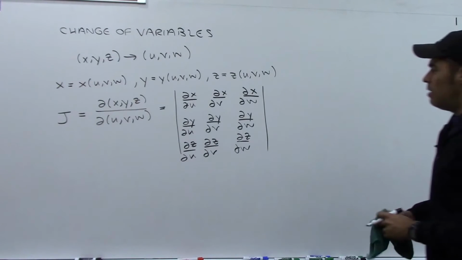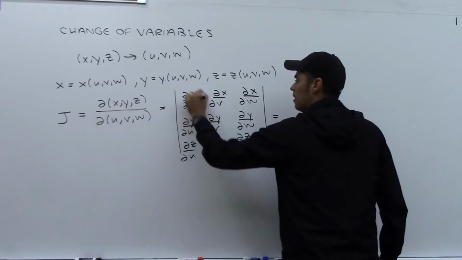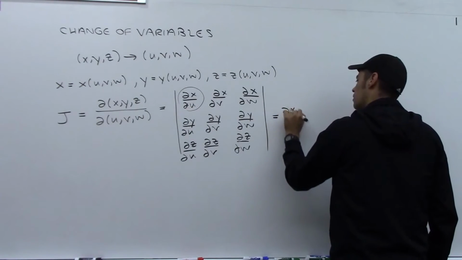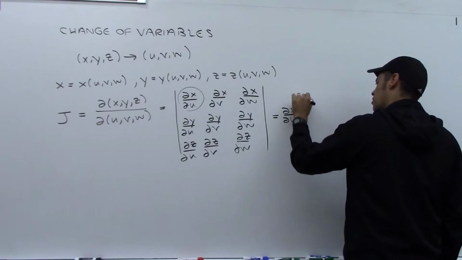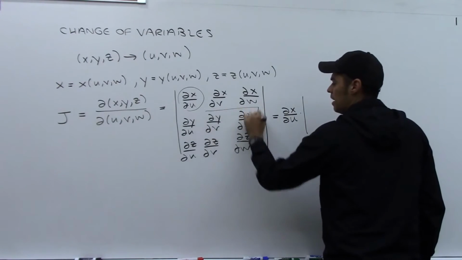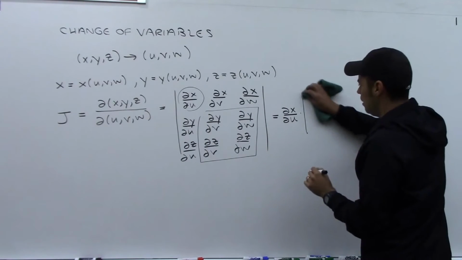So what you could do now, I'm just going to set up the first part of this. It would be starting with this, partial x with respect to u times the determinant of this thing, right? Well, you know what? I'll go shorter.